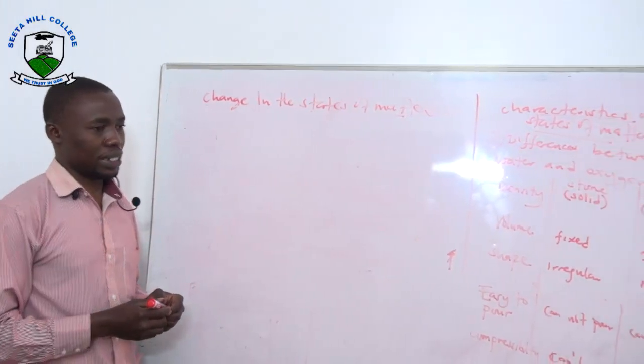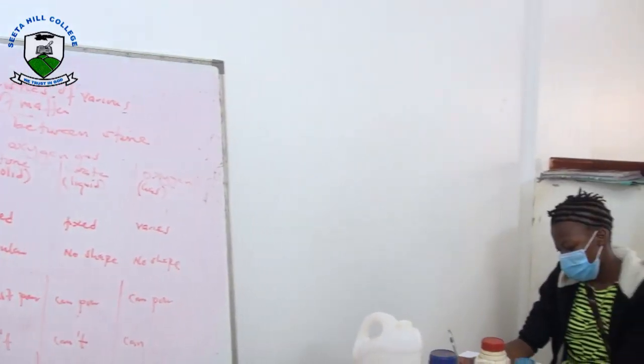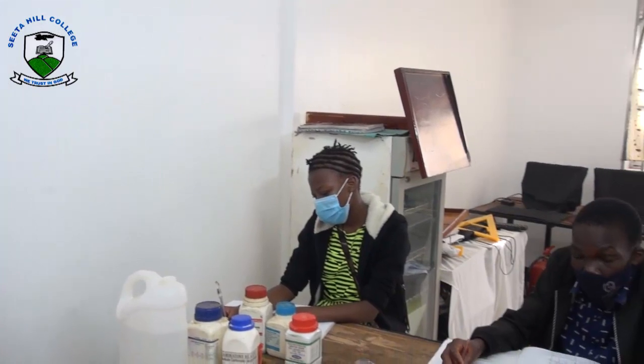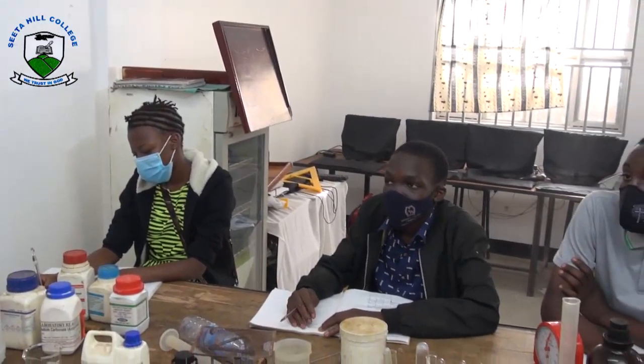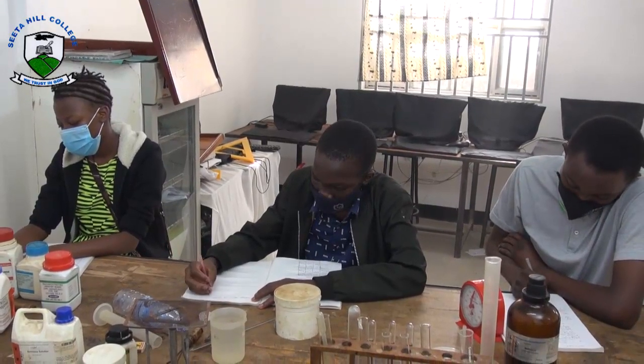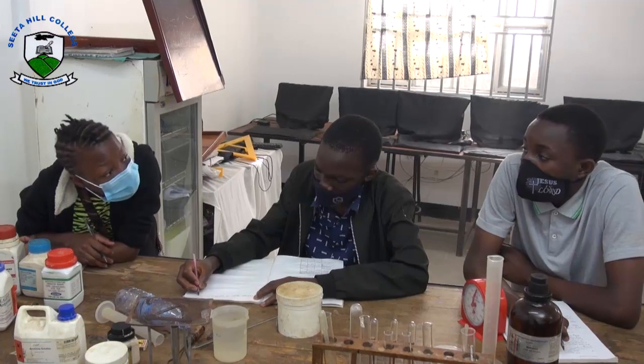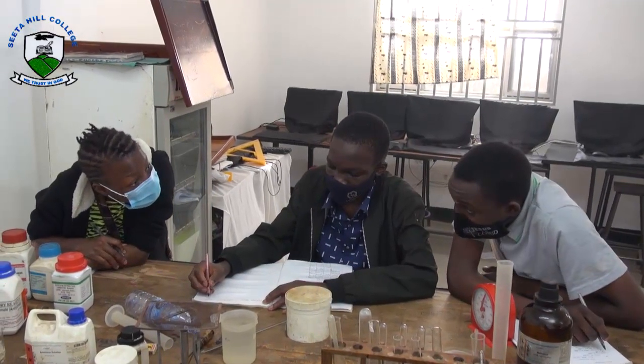Let's say ice is heated until you reach 100 degrees C. What would be the various changes that would occur to ice when heated?